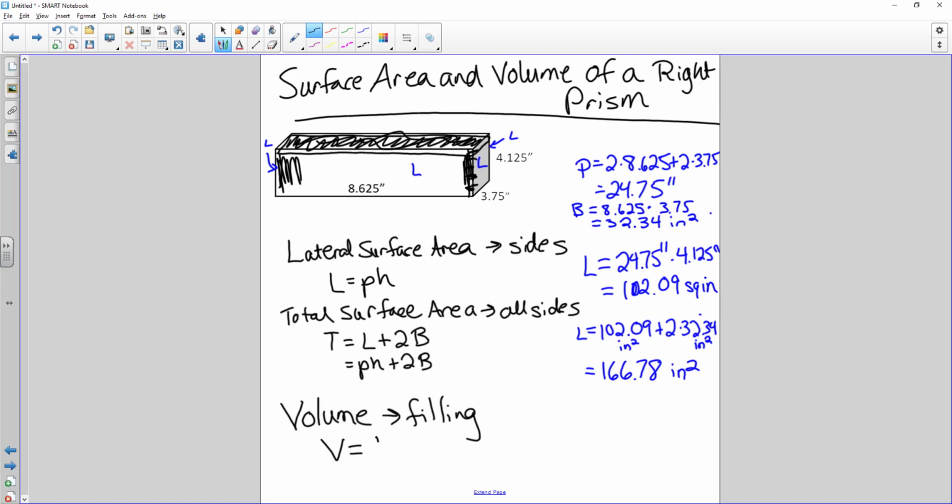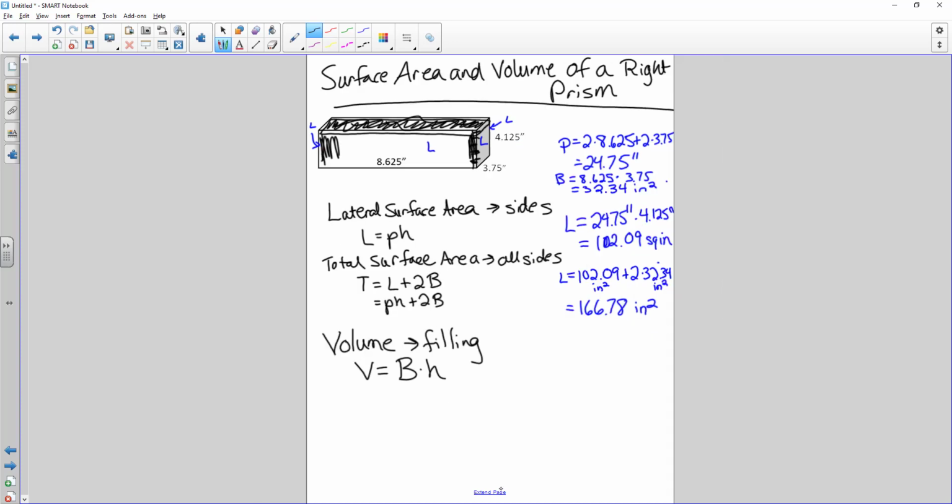To calculate the volume, I can always take the area of the base times the height. In my example, I'll take that 32.34 we had already used, inches squared, and multiply by the 4.125 inches.